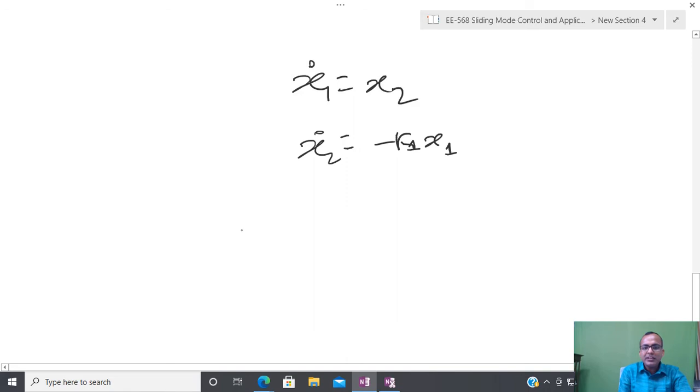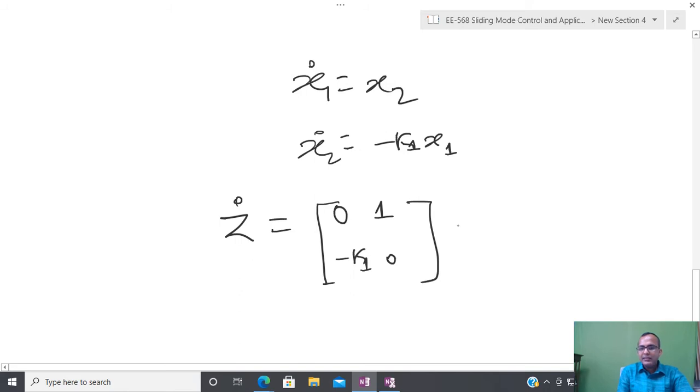If you see the closed loop dynamics, I can express this system like x dot. We have already used x dot for another purpose, so you can use z dot equal to the matrix with rows 0, 1 and minus k1, 0, times z, where z is nothing but x1, x2.